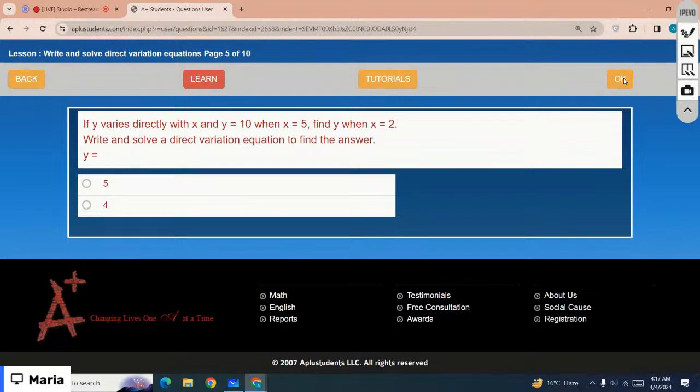If y varies directly with x and y equals 10 when x equals 5, find y when x equals 2.